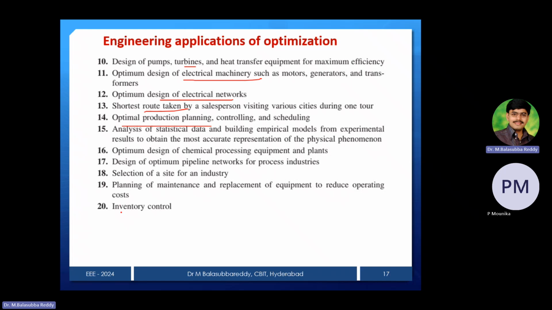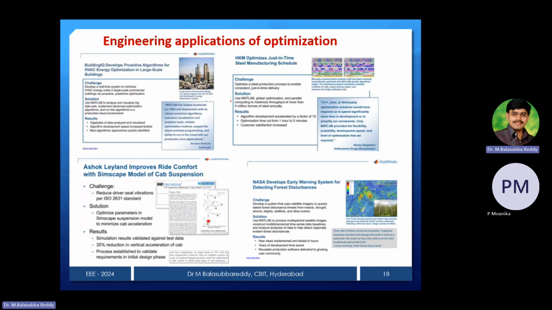Like that, there are many more applications using this optimization algorithm. That is the reason nowadays heuristic algorithms and hybrid algorithms are very popular.